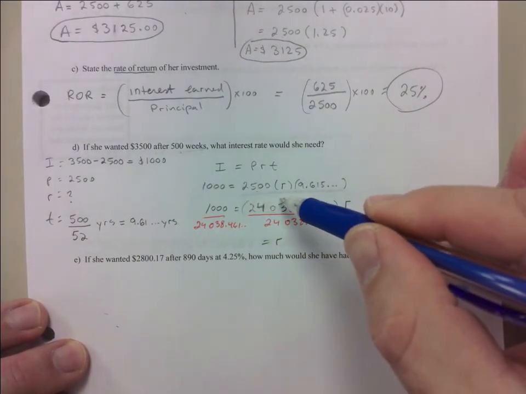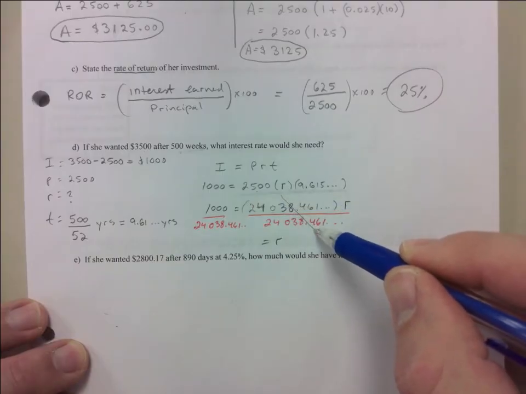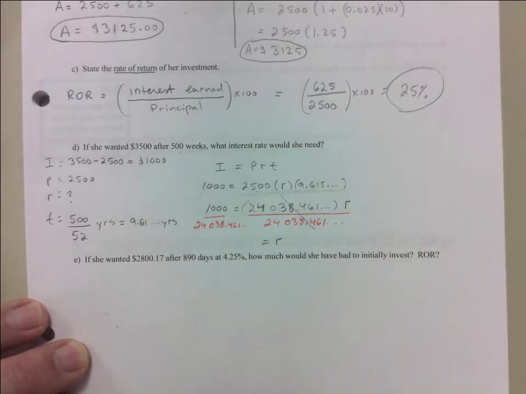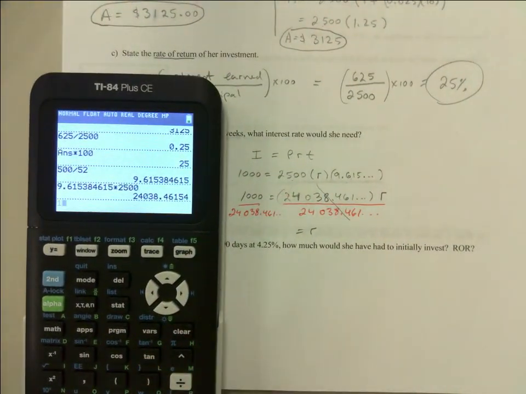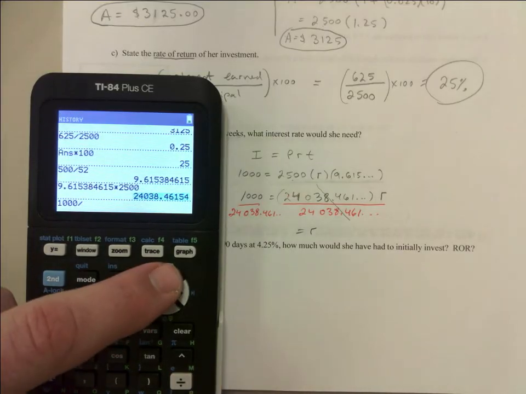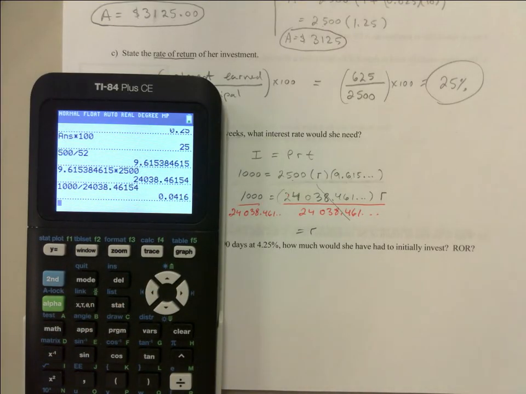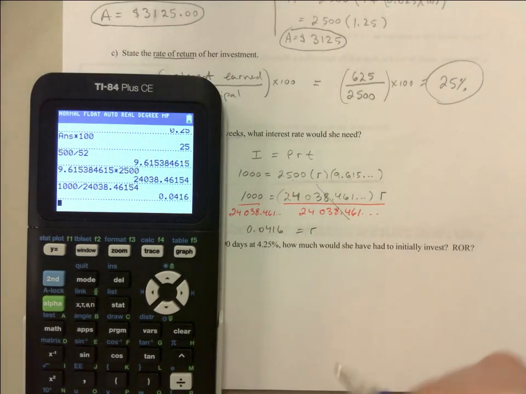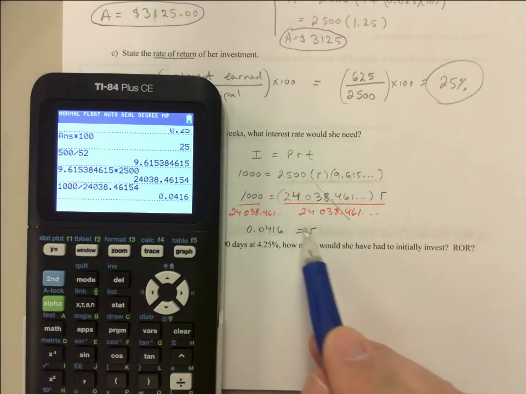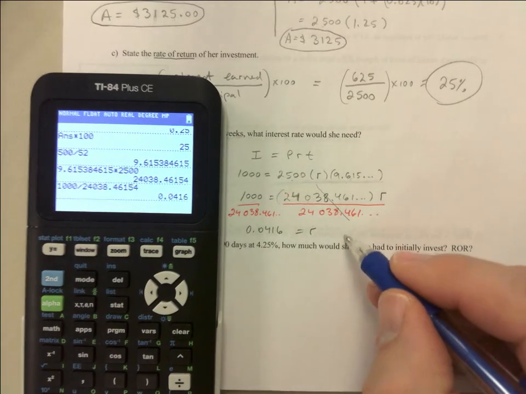It cancels out on the right side. That's exactly what we want. And on the left side, you just have to go 1,000 divided by, copy, paste. So that's 0.0416. That is the interest rate as a decimal.